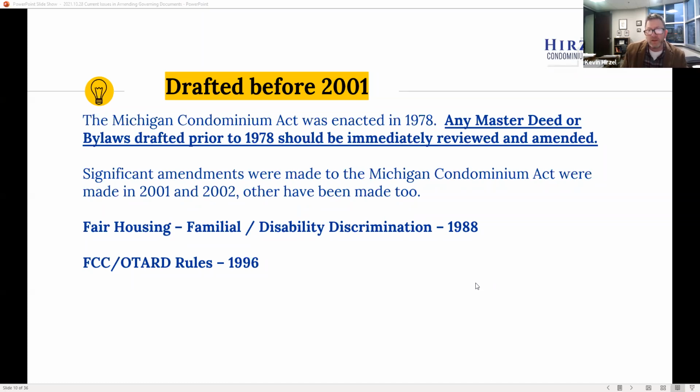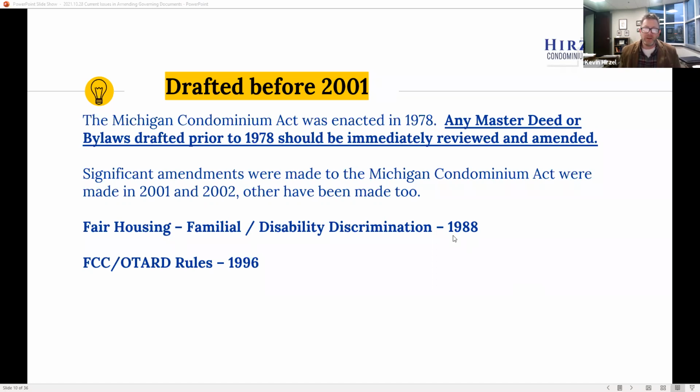At a minimum, if your condominium was formed prior to 1978 under the old act, then you, whether it's us or somebody else, you should have those immediately reviewed and amended in order to bring them into compliance with the current act. In addition, there have been amendments to the Condominium Act that have taken place. And basically, if your documents are 20 years old, you should be looking at investigating whether to have those amended or not.